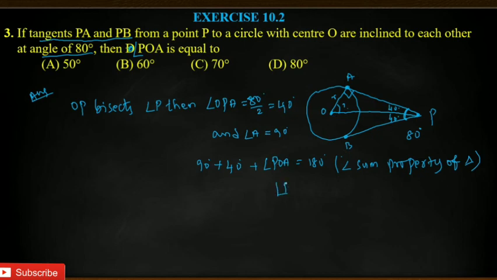So POA is equal to 180 degree minus 90 plus 40, now 130, it goes to the opposite side, minus 130. When you subtract this together, we are getting angle 50 degree. So angle POA is equal to 50 degree. So where we have this is option A. That's it children. You please make a note.